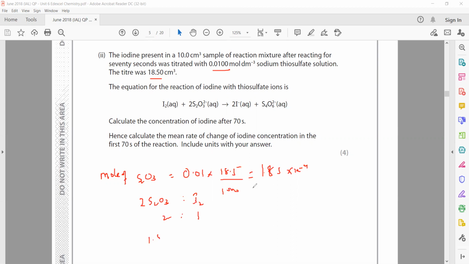If we have 1.85 × 10⁻⁴ thiosulfate, this will be x, cross multiply. We get the moles of iodine, which is 9.25 × 10⁻⁵ moles. To get the concentration, new concentration will be moles divided by volume of the solution.